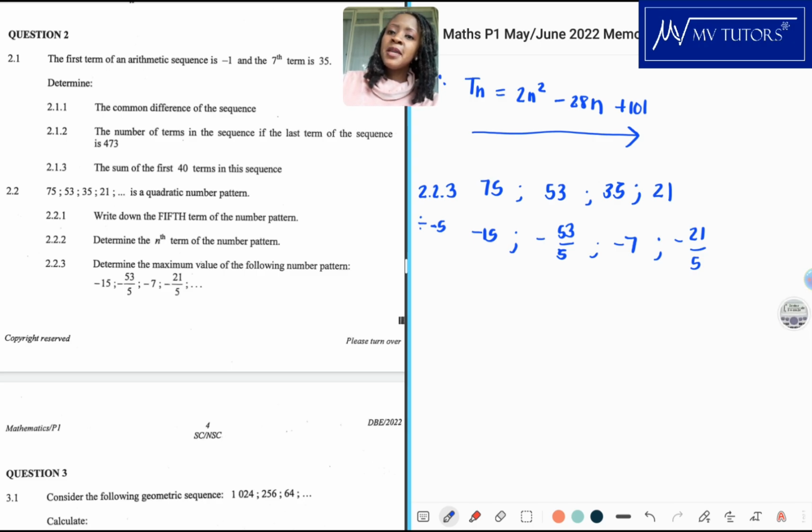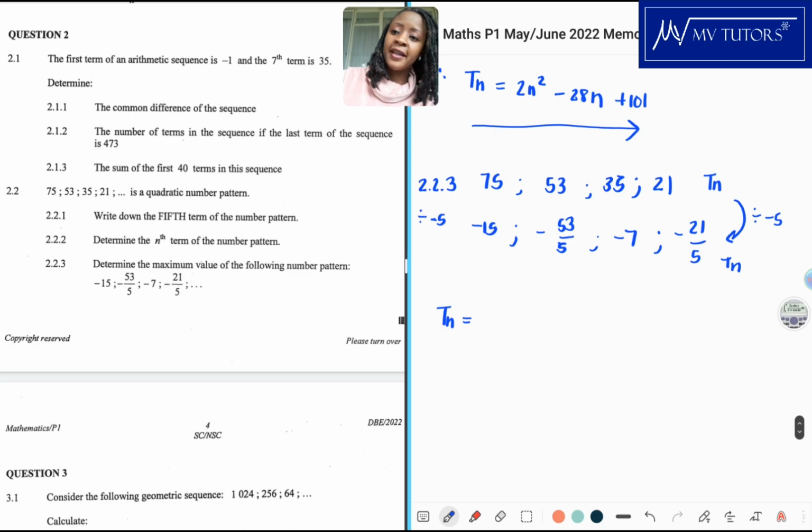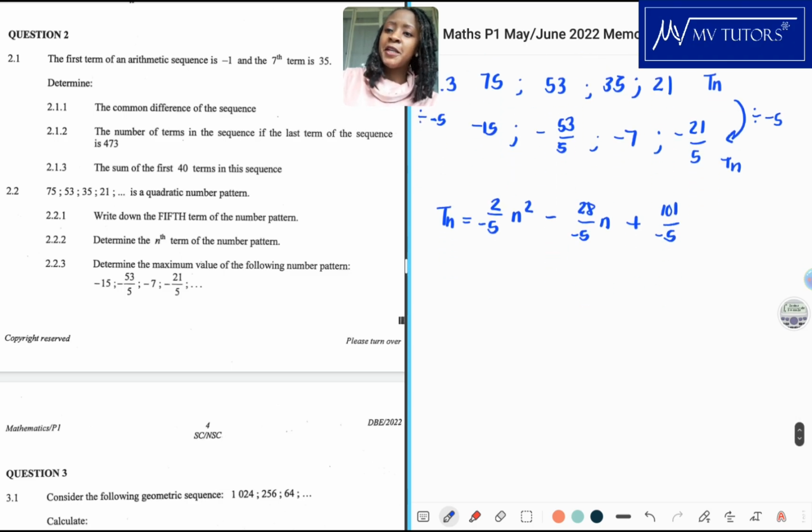So basically, for me to go from this Tn equation to that Tn equation, I need to divide by negative 5. Okay, so that is what I'm going to do. I'm going to take that previous Tn equation that we know is correct, we verified, and divide by negative 5, so that I can get my new Tn equation.